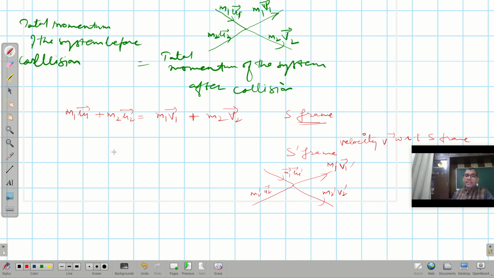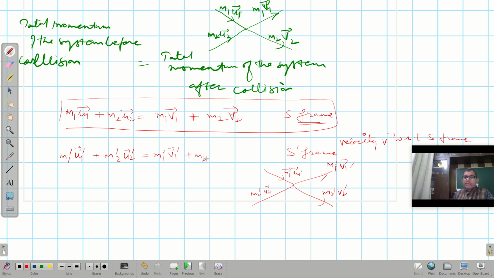This is for the S frame, and for the S prime frame I can write m1 prime u1 prime plus m2 prime u2 prime is equal to m1 prime v1 prime plus m2 prime v2 prime. Mathematically both remain the same. But as mass is an invariant quantity, m1 prime is equal to m1 and m2 prime is equal to m2.